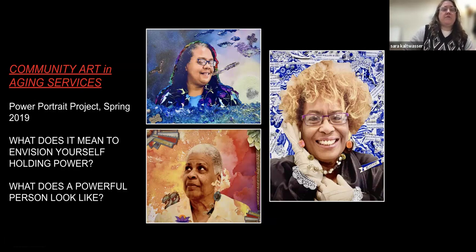And that's one of the first projects I did, because so much of these ideas around perception of aging or just other isms is rooted in whether we get to see ourselves or not, and whether we get to see ourselves reflected in the way we want to be seen. And so the Power Portrait Project was an integral kind of introduction to that.